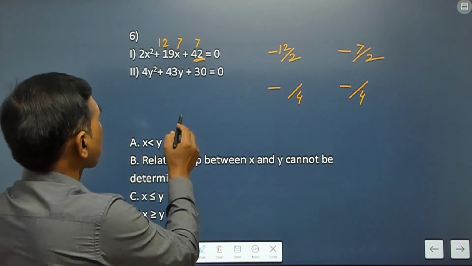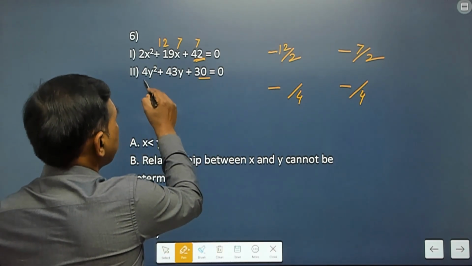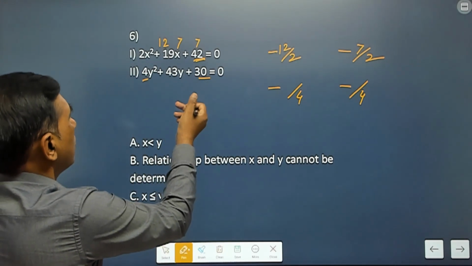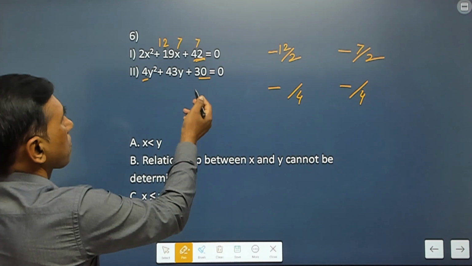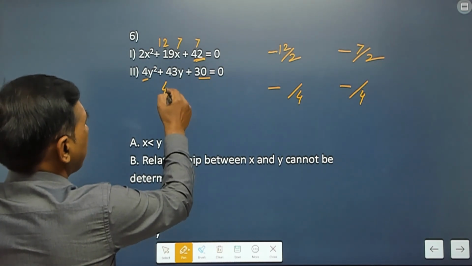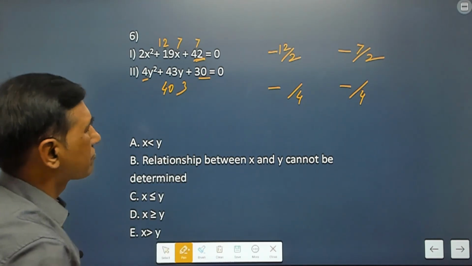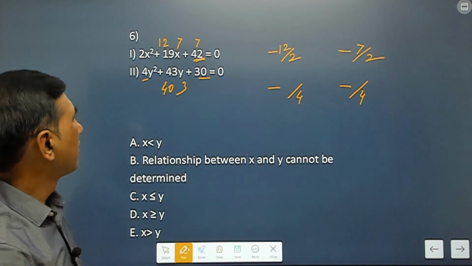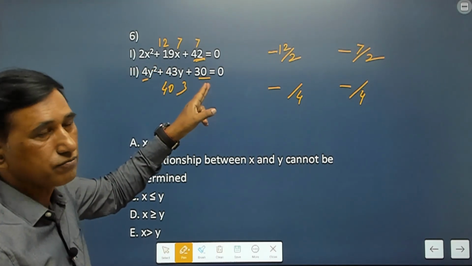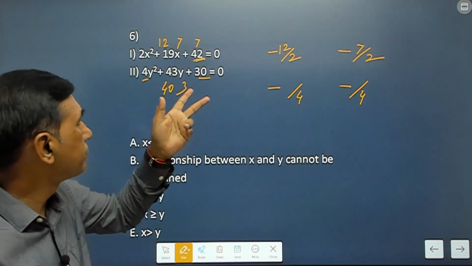Here 30 and 4, this is 43. 120 you are getting. Basically this can be 40 and 3. It will simply be 40 and 3, 30 into 4, 40 into 3. 0 gets shifted.